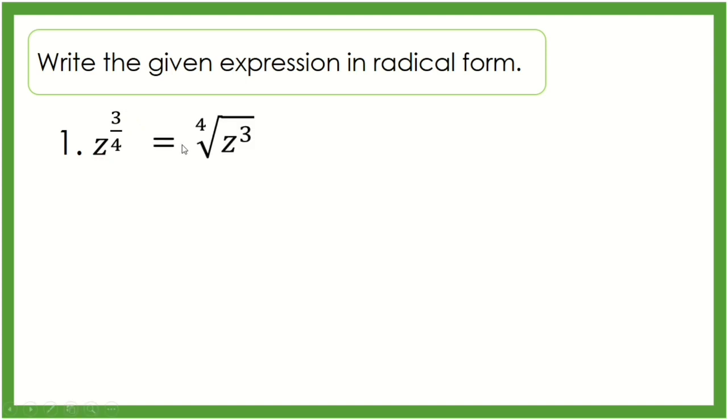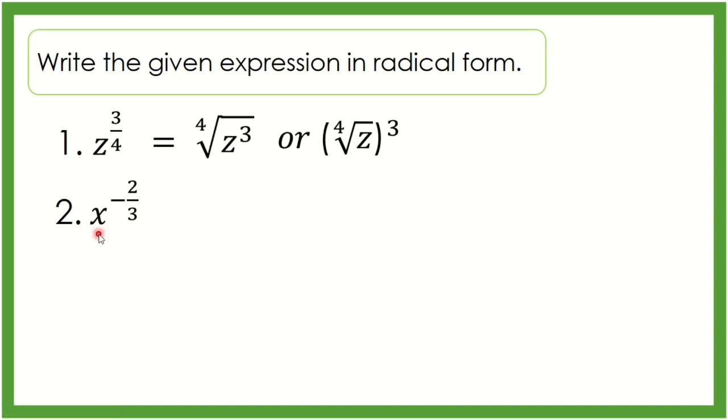So, this is equal to the 4th root of z cubed. So, yung 4 galing dun sa ating denominator. Yung ating numerator, siya yung magiging exponent ng ating base na z. Or, pwede rin siyang the quantity of 4th root of z raised to 3.